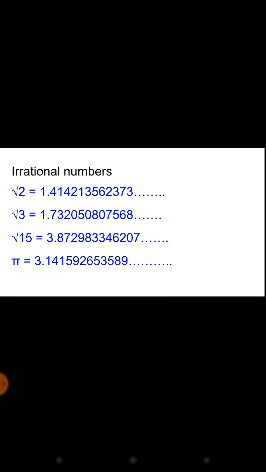In the previous class we did many questions based on pi. In the area of a circle we used pi as 22 upon 7, but pi is an irrational number. For our convenience we use pi as 22 upon 7, but pi is an irrational number.